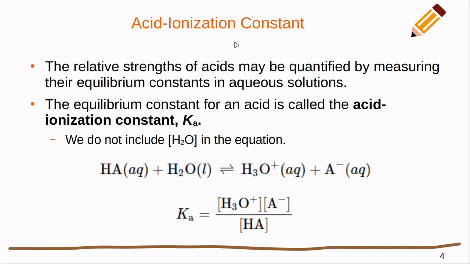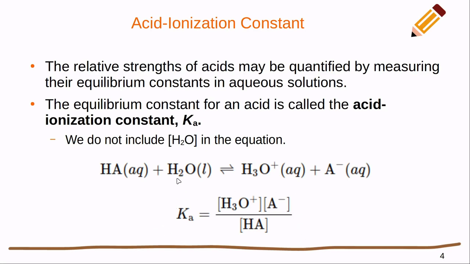As we've done with Kw and many other things, there's an equilibrium constant for acid reactions. This equilibrium constant is going to quantify the relative strength of the acid. So if we had a model reaction like this with this generic acid, this would be its equilibrium constant.